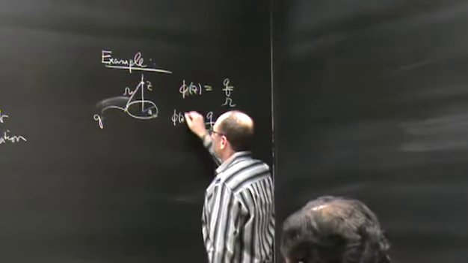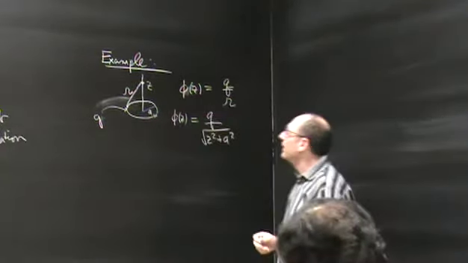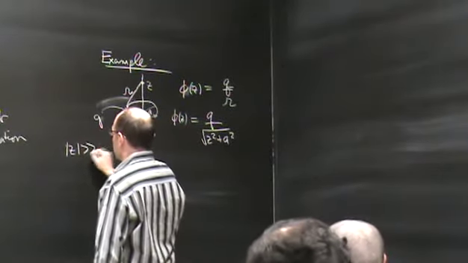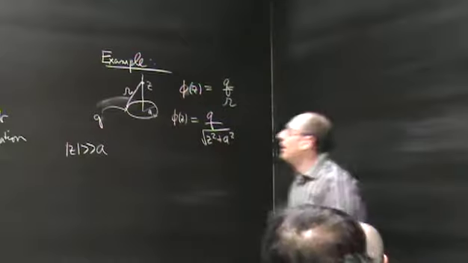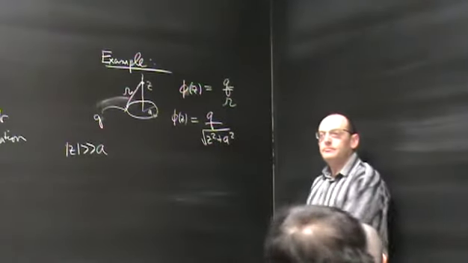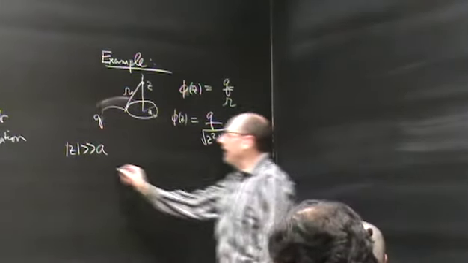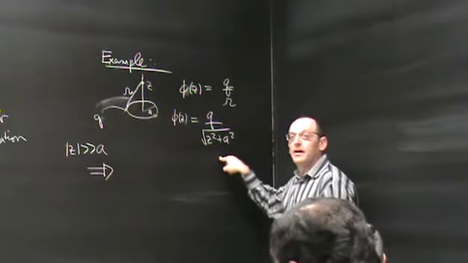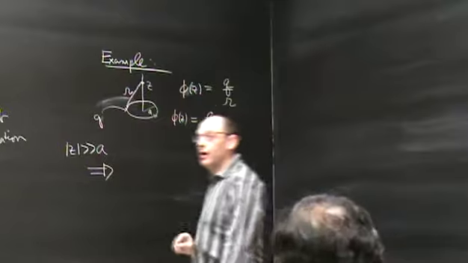Now, in this far field limit that we're considering, z is much, much bigger than the size of the distribution. In that case, we can do a Taylor series expansion of this, as we've done before.